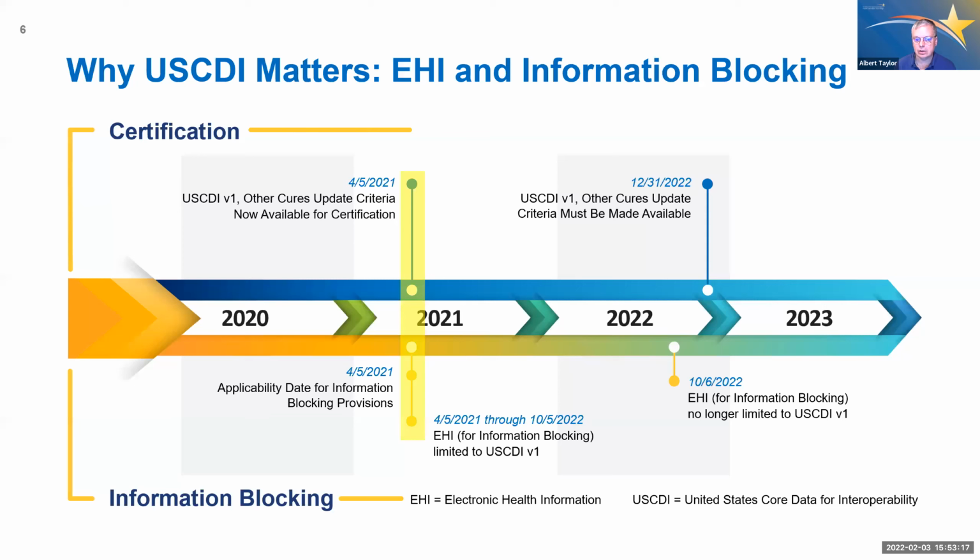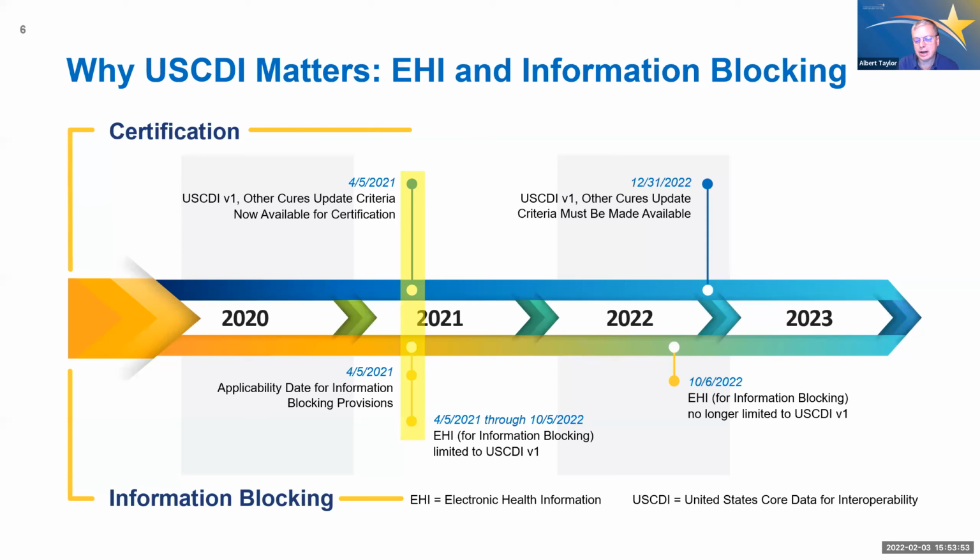Not going to get into a lot of details about information blocking, other than to say that the amount of information that, if not shared, is considered to be information blocking is the data that's defined by USCDI, and that's the term that's currently called electronic health information. That is the definition. The electronic health information is the amount of data that is subject to information blocking provisions.